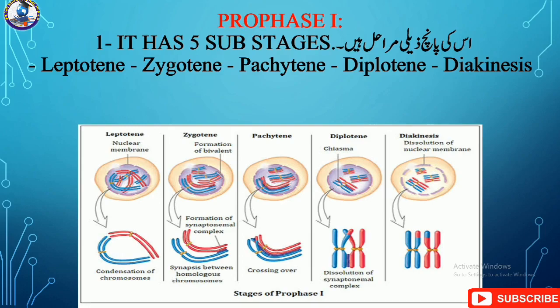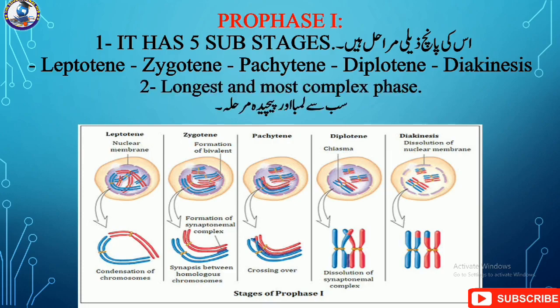In mitosis there are no substages of prophase, but in division 1 of meiosis there are 5 substages of prophase 1, that are leptotene, zygotene, pachytene, diplotene and diakinesis. Prophase is the longest and the most complex phase of meiosis in division 1.